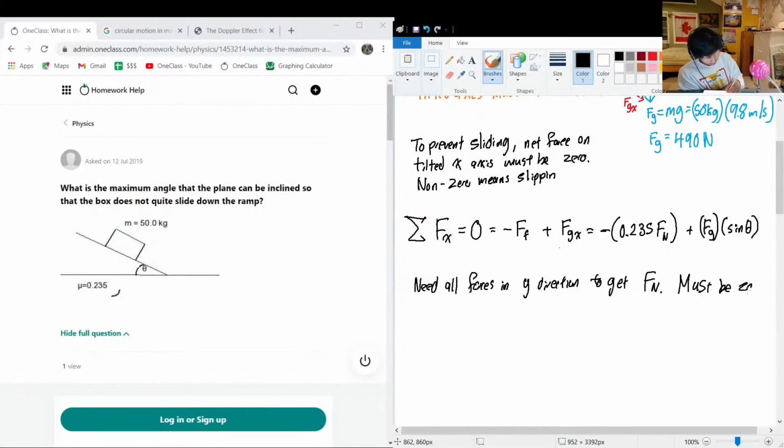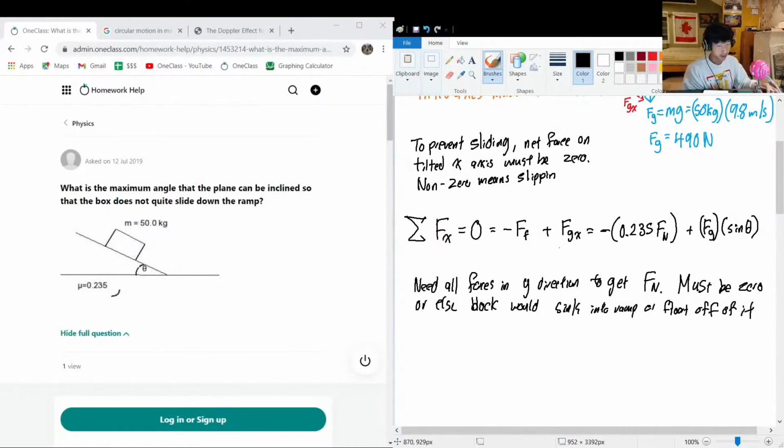Must be 0, or else the block would sink into the ramp or float off of it, which is certainly not something that we can really deal with. It's not sinking into the ramp, it's not floating off it, so it has to be 0. So Fy has got to be equal to 0.